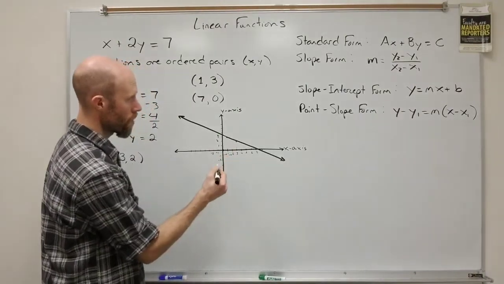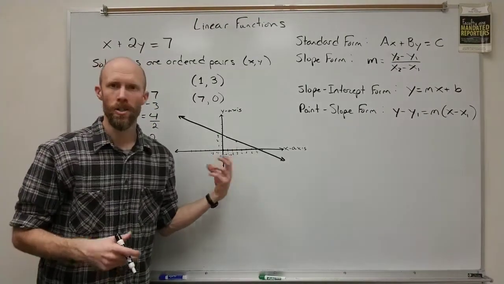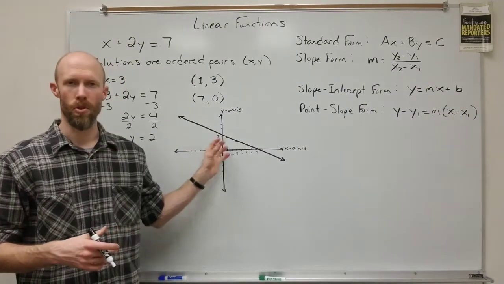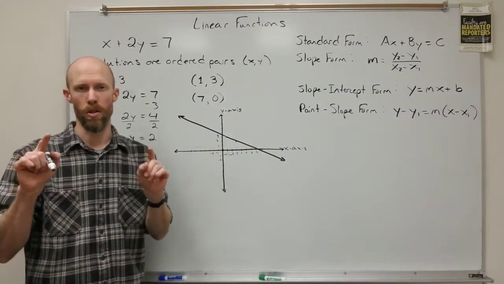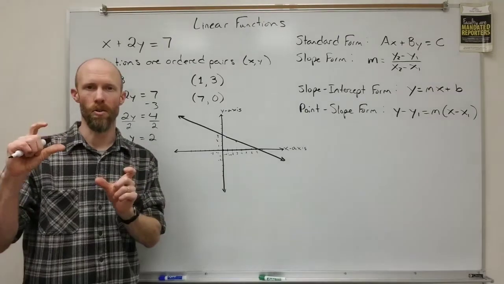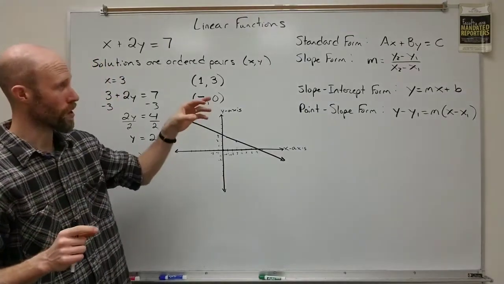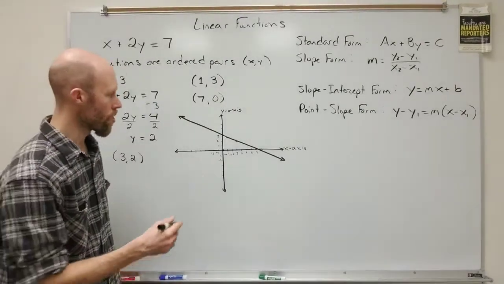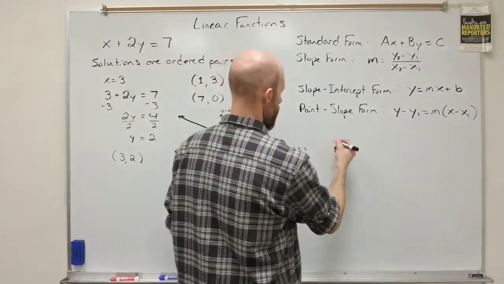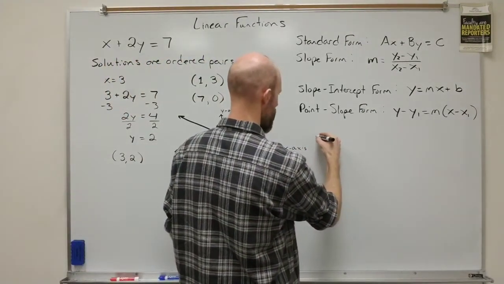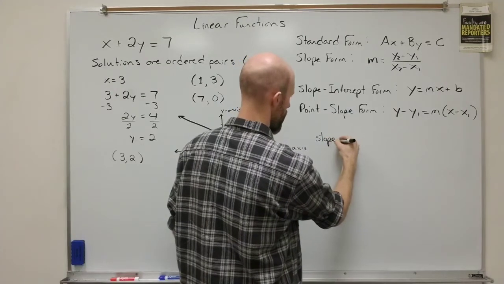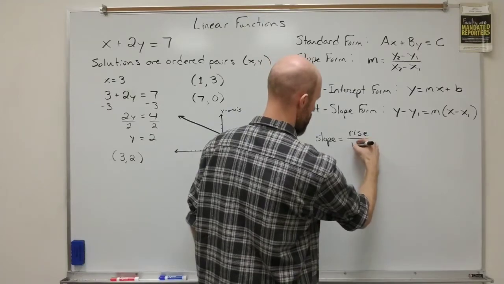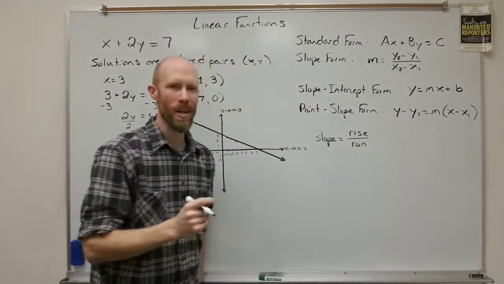There's some geometry that goes into deriving this, looking at similar triangles and proving that no matter what 2 points you use, the ratio between the vertical and horizontal sides is always going to be the same. And so what we end up with is this idea that the slope is defined as the rise in the graph divided by the run between any 2 points.